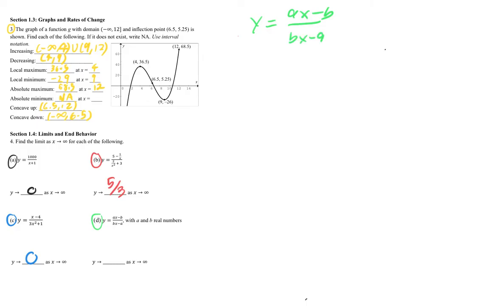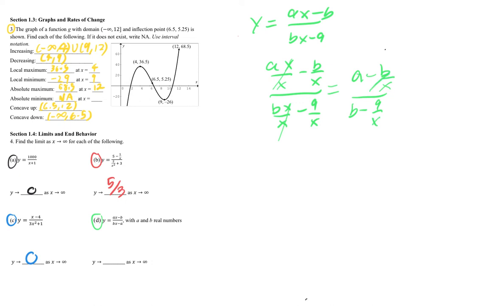So same concept as the last one. We're going to say ax over x minus b over x, over bx over x minus a over x. And we're going to simplify this. Those cancel, so we're left with a minus b over x over b minus a over x, right?